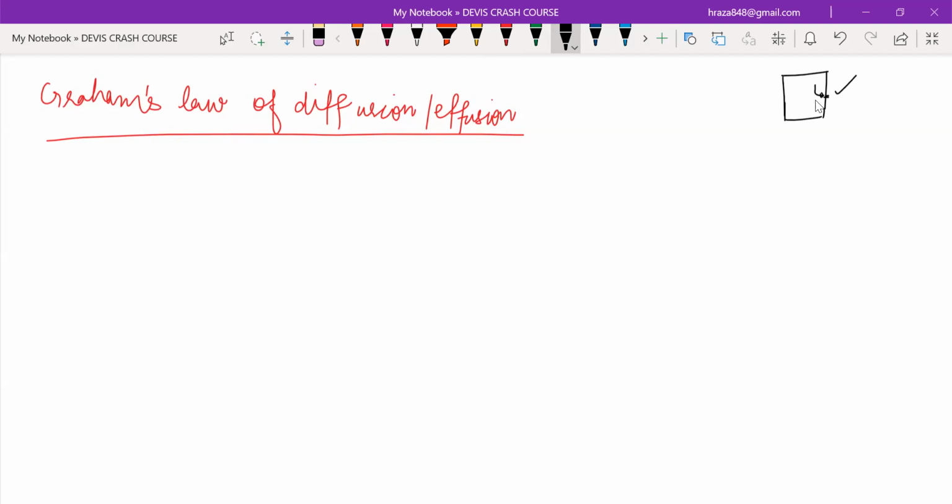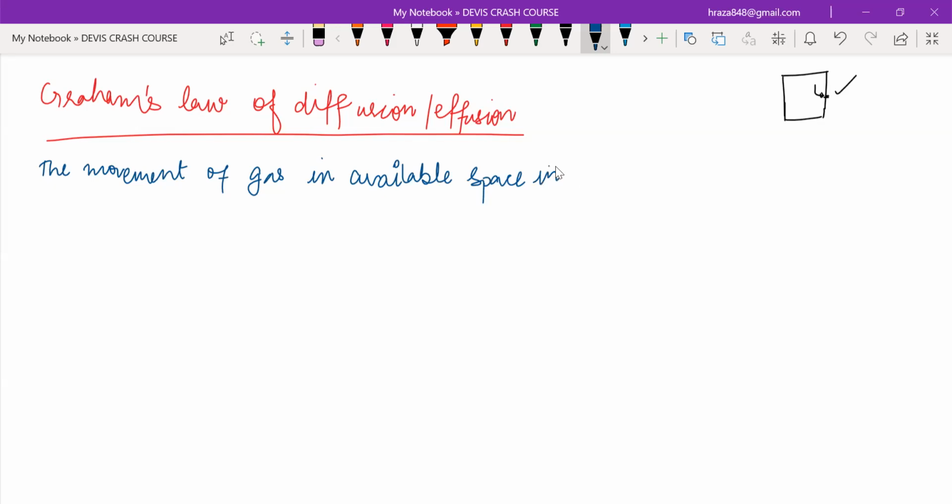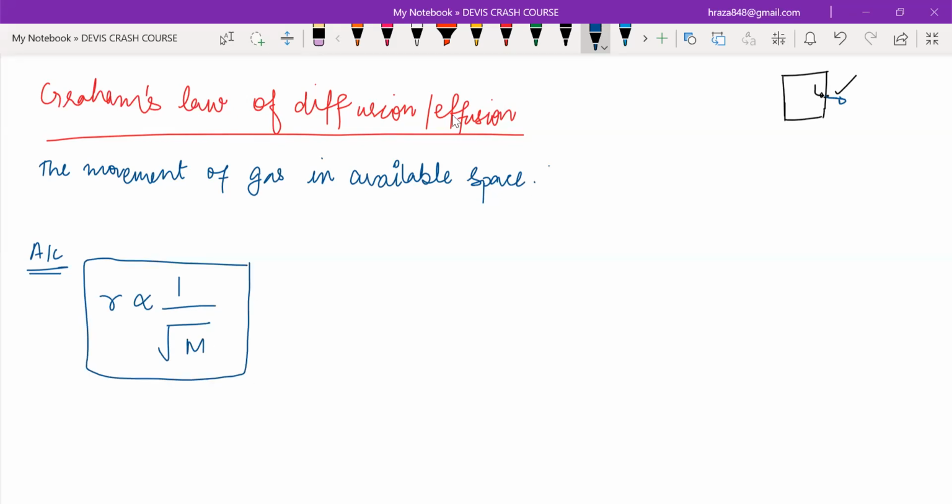For diffusion, the movement of gas in available space is called diffusion. And when you make a small hole and gas escapes through it, that is effusion. According to this law, the rate of effusion or diffusion is inversely proportional to the square root of molar masses.